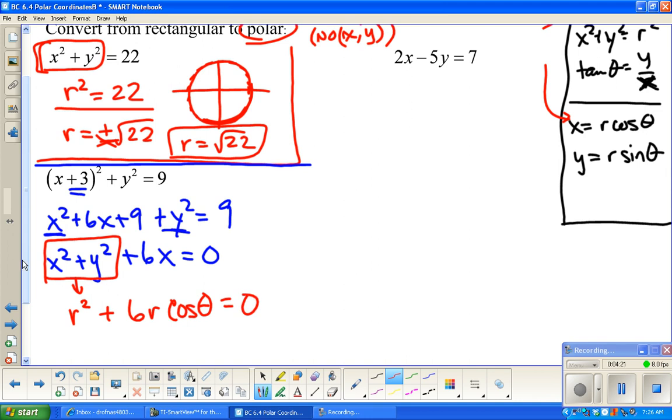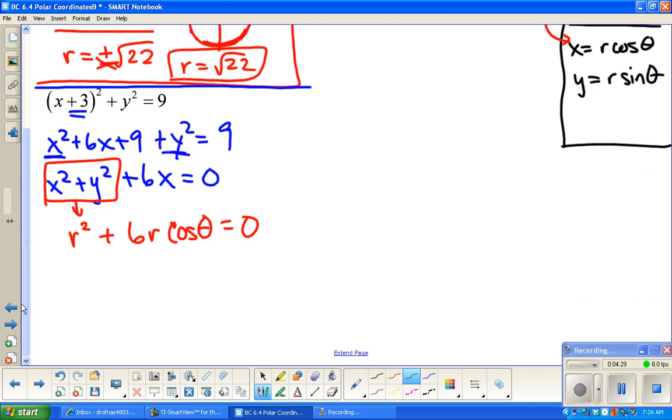The only other thing would be if we could factor this or find a way to get r by itself. I noticed that there's an r in common here, so I'm going to factor that out and we'll see where we're going with this. r times r plus 6 cosine theta.